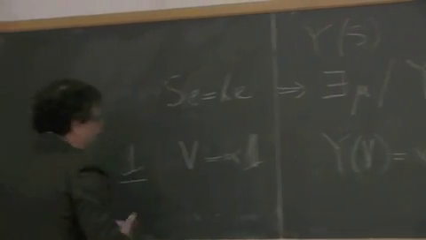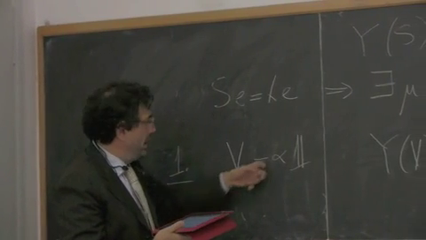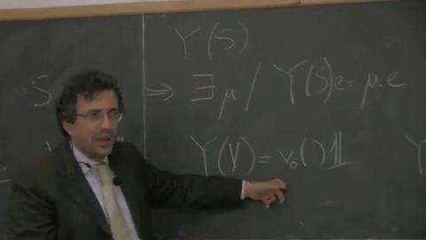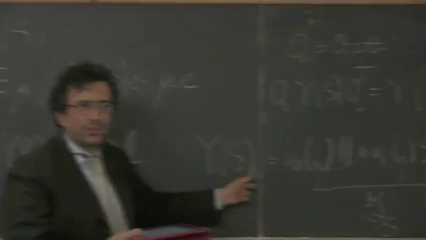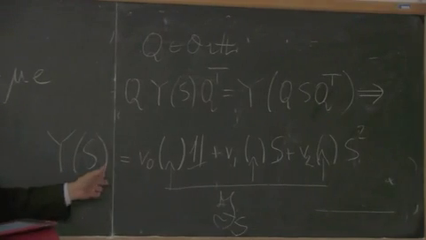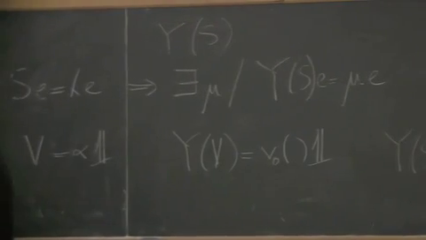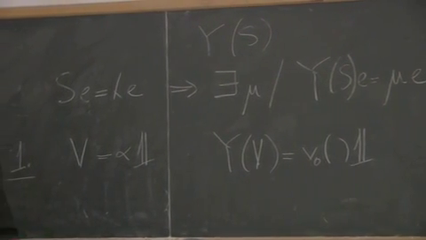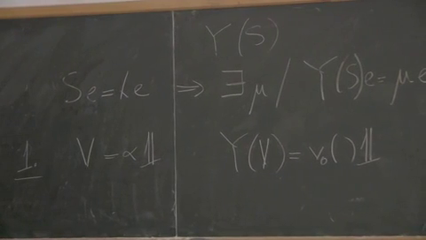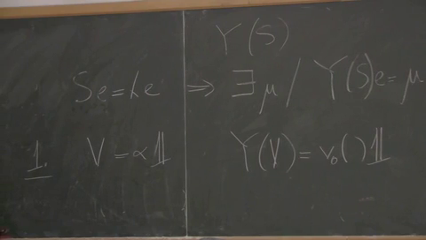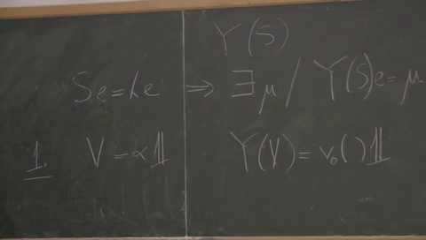So, if V is spherical, Y of V is spherical, so this formula holds. Okay? So this is the reason for which I don't like so much this proof. You have to be patient and you have to treat all cases separately. There are difficulties if you want to prove this in n dimensions.